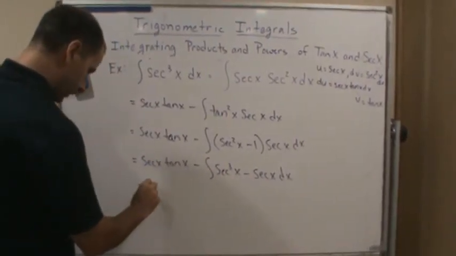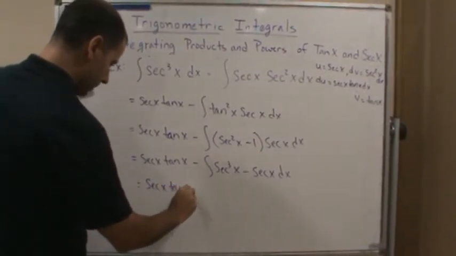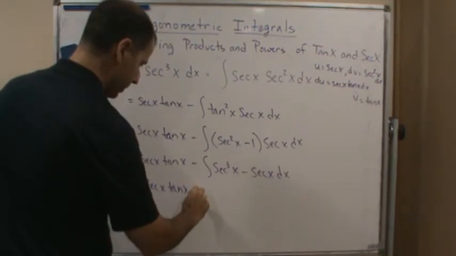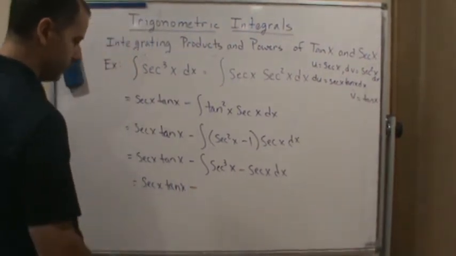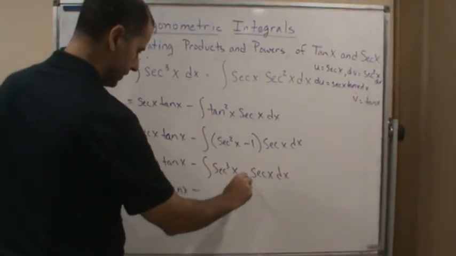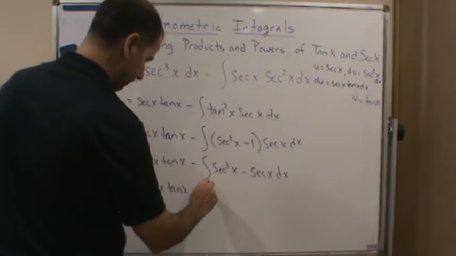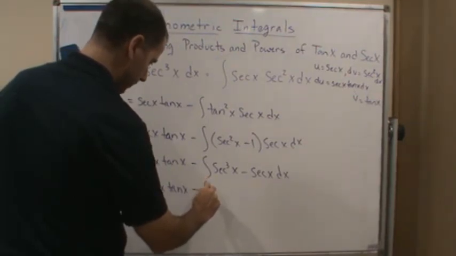So this is going to be secant x tangent x minus, well, actually I'm going to put plus, because this is going to be minus this plus this. Well, yeah, let me just do it this way.